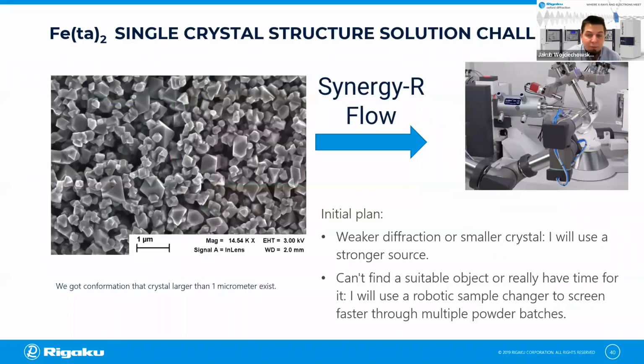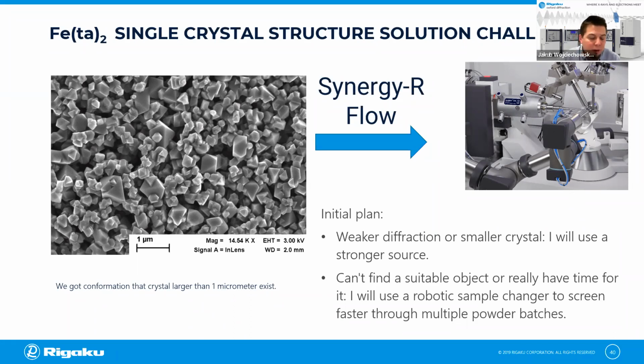So Maciej gave me this powder and said, try to solve this one. So obviously I asked him if he has a nice picture of the crystals, and he has, and I saw that there are some larger crystals in that powder, but none of them really diffracted or showed any signal on Synergy S. So I thought, okay, I will use Synergy R, or in case Synergy W. We currently have a version with the robotic sample changer.